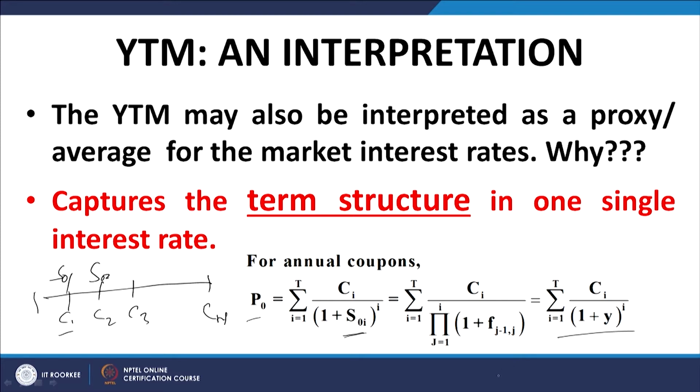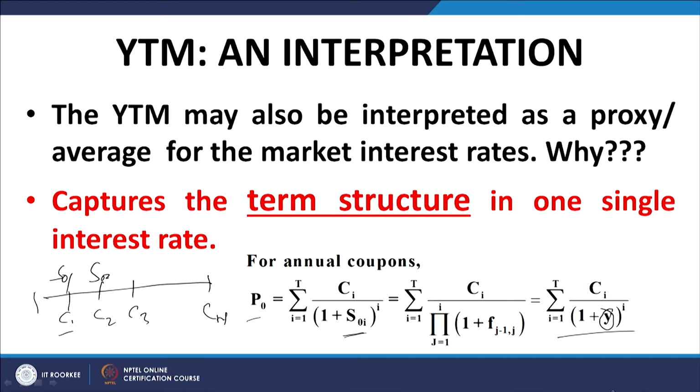That is the definition of yield to maturity, that the yield to maturity is that single rate. Now, this is very important, it is that one rate which discounts all future cash flows and equates them to the current market price.